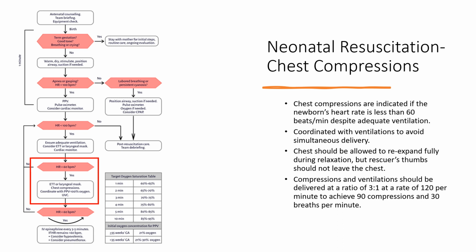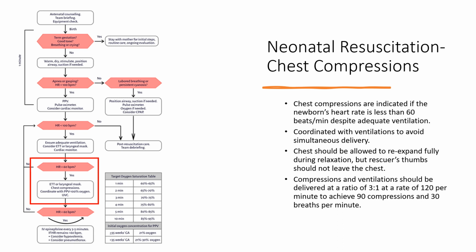If there's apnea or gasping, or heart rate's less than 100, positive pressure ventilation, pulse oximeter, consider cardiac monitor. If that doesn't work, heart rate less than 100, ensure good adequate ventilation, consider ET tube or laryngeal mask, LMAs, and cardiac monitor.